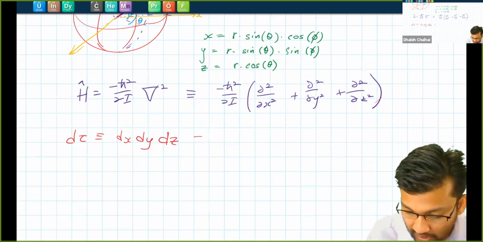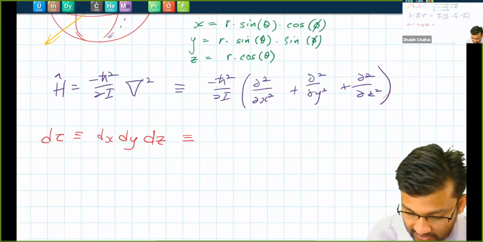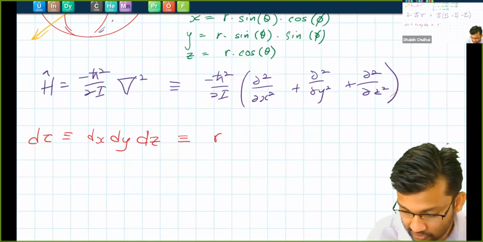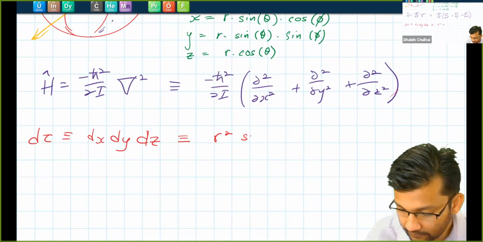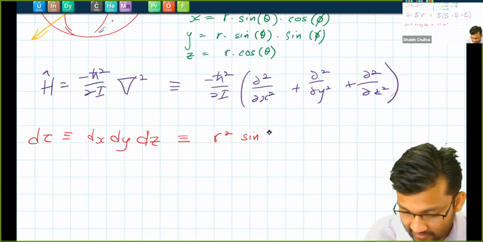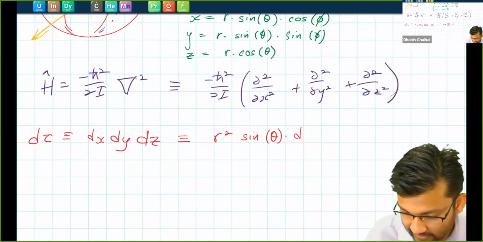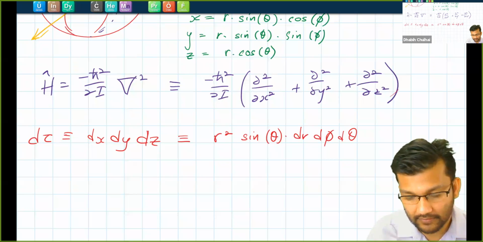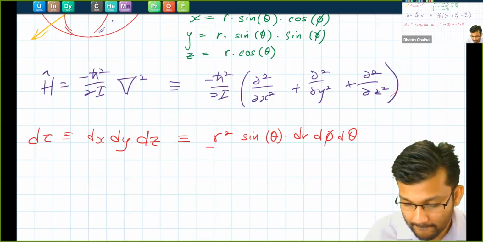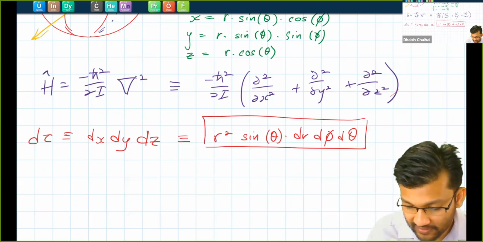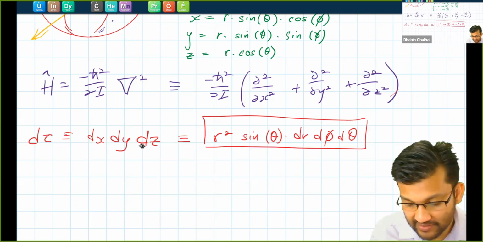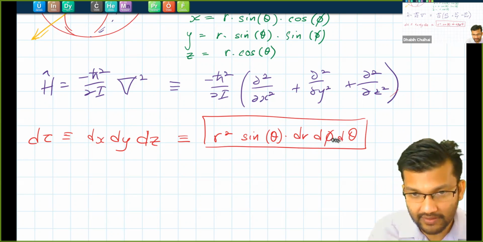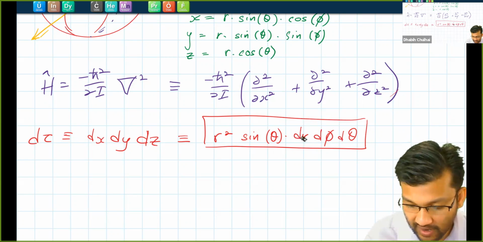In polar coordinates, that whole thing comes out to be, and you should try to remember this one, r squared sine theta dr d phi d theta. So something as simple as dx, dy, dz comes out to be that complicated thing, dr, d phi, d theta. So you can integrate for r, theta, and phi.